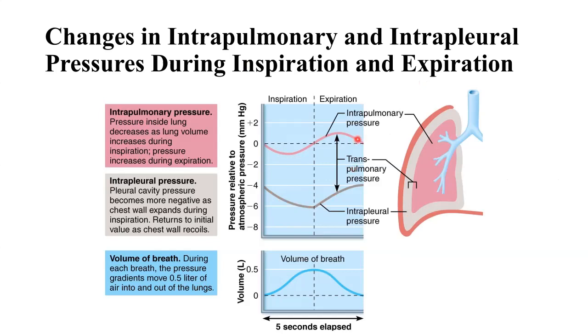As you can see, during inhalation the pressure is dropping, and during exhalation the pressure is rising. This makes sense because as the volume of the lungs gets bigger, increasing the volume, as we can see up here, decreases pressure. Okay. So this is just more like a summary slide.